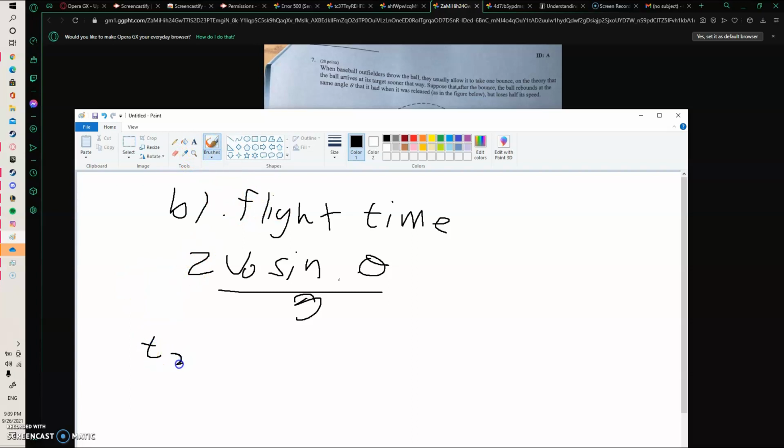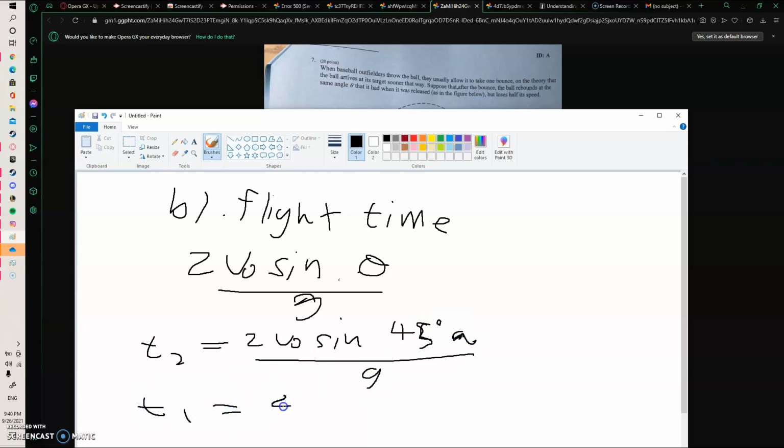We get t2 equals 2 v naught sine 45 degrees over g. There's nothing here. T1 equals 2 v naught sine, this is the value that we just calculated in our last question, 26.565, plus v naught sine 26.565.